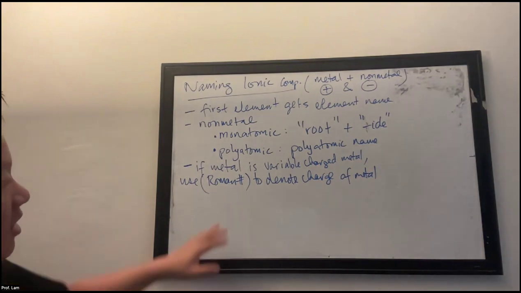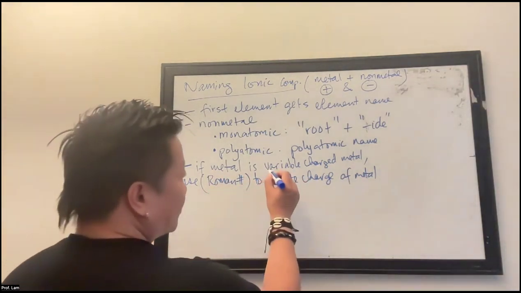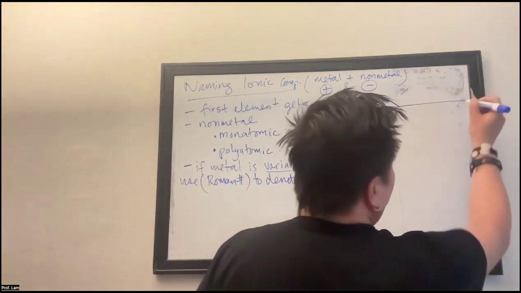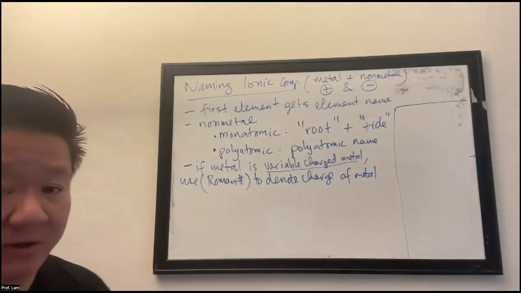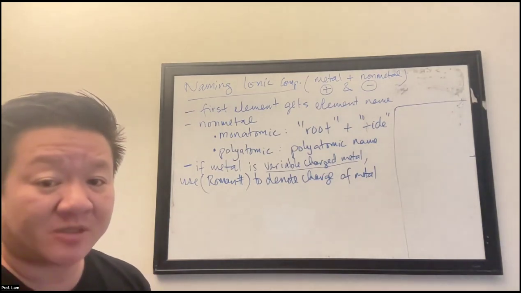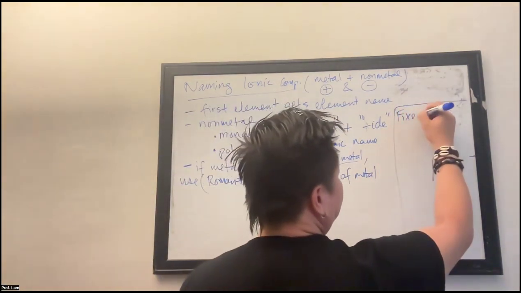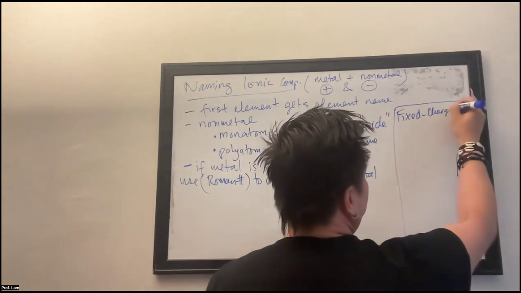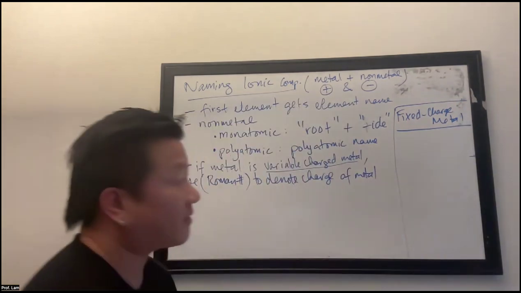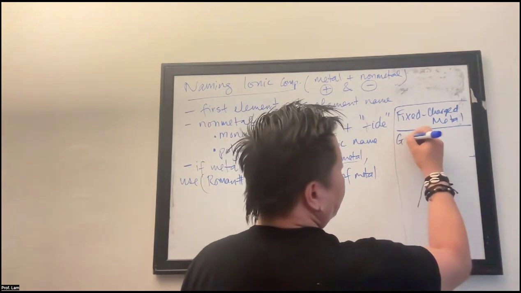So let's talk about the variable charge metal first. Almost all metals are variable charge. There's a few exceptions. So it's easier to memorize the fixed charge metal list. Okay, so fixed charge metal. Look at your periodic table, everybody.